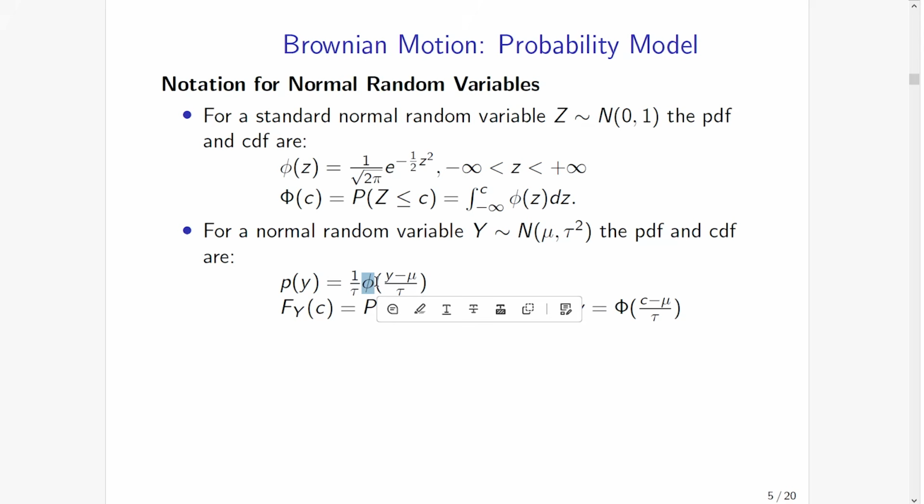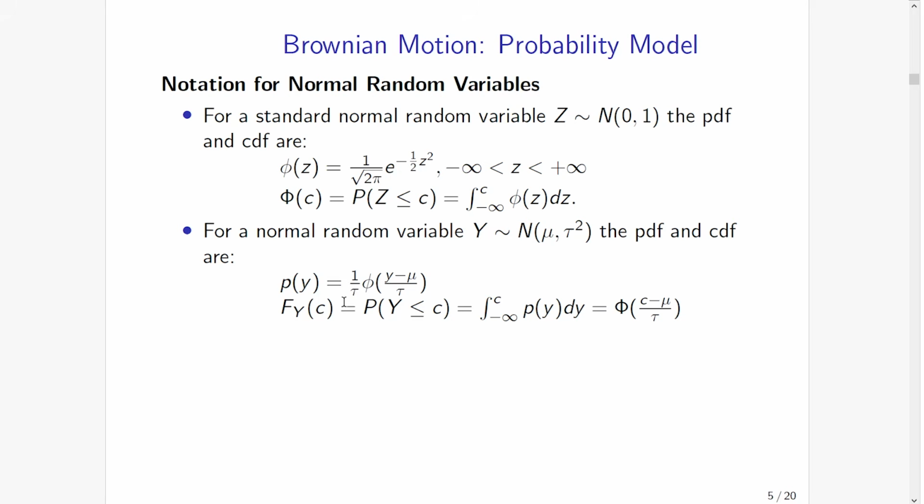We simply subtract the mean mu and divide by tau inside phi, and we have a tau denominator factor in front. What's particularly convenient at times is that the CDF of Y is actually the CDF under the standard normal of c minus mu over tau.